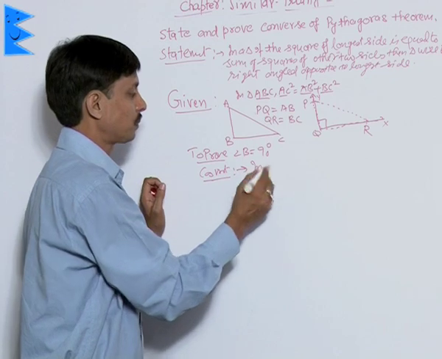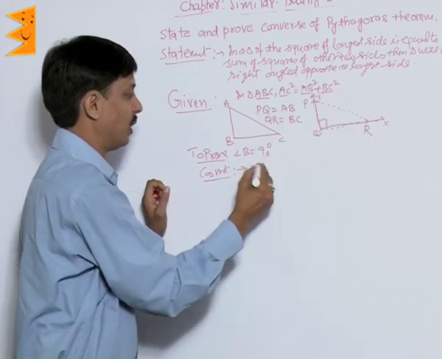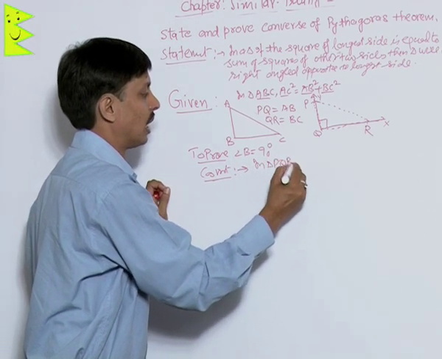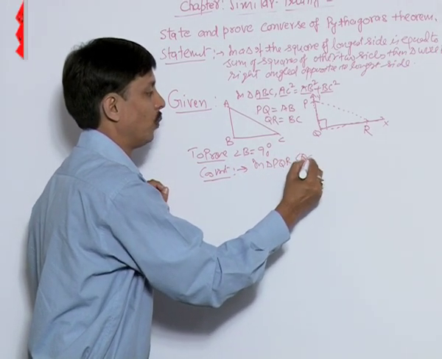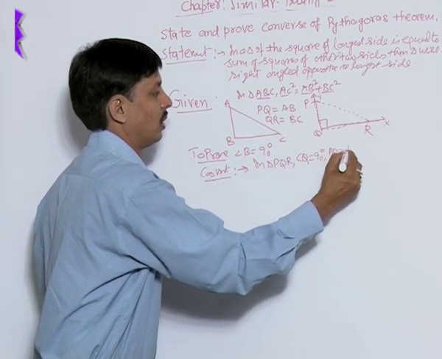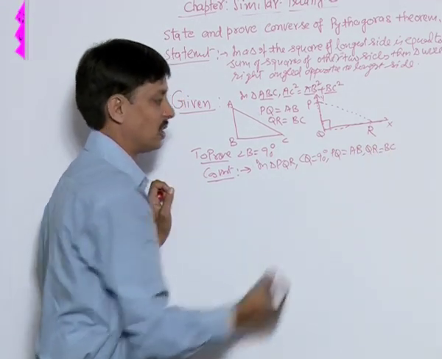In triangle PQR, angle Q we have taken 90 degrees, PQ we have taken equal to AB, QR we have taken equal to BC.